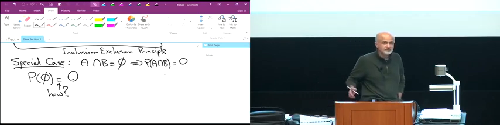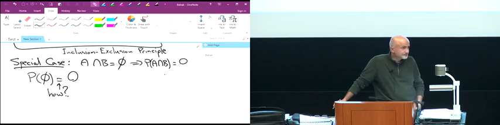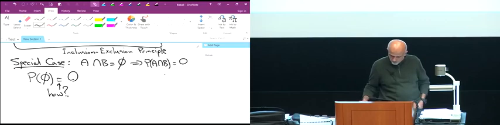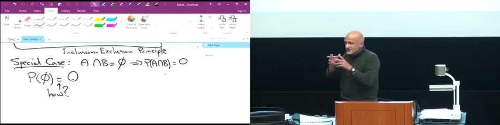It's a good question. Well, the empty set is this oddity in set theory, right?